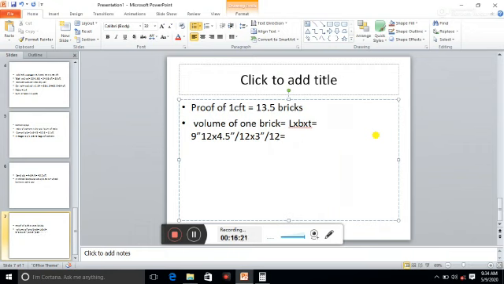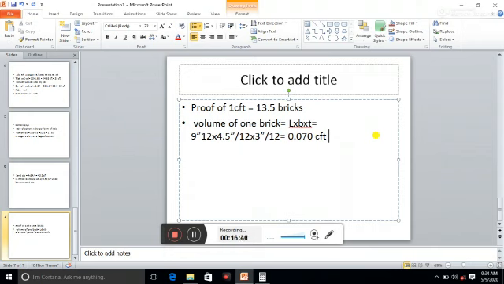So 0.070 cubic feet is the volume of one brick. Volume of one brick is equal to 0.07.